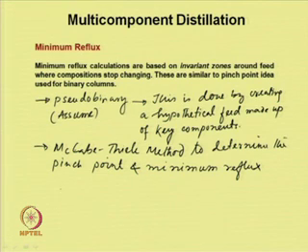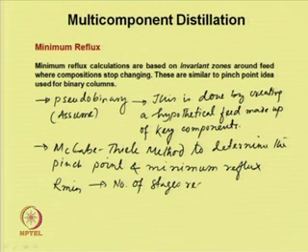We know that at minimum reflux R minimum, the number of stages required is infinite for a given separation of key components. But in this case, for binary systems, we know that there is only one pinch point.